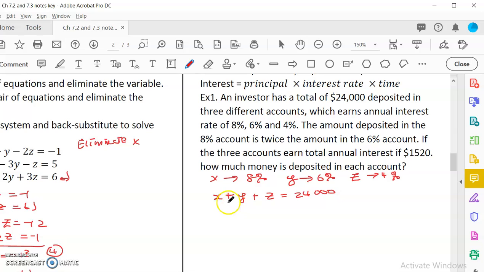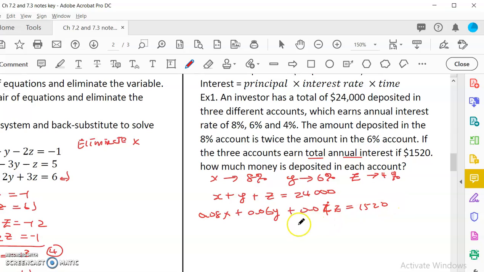And then what is the interest? The interest will be 0.08x plus 0.06y, because this is paying 6%, plus 0.04 times z, is equal to the total annual interest. That means one year, so it's 1520.